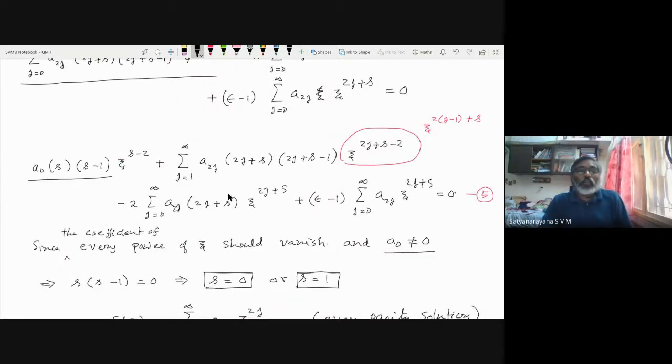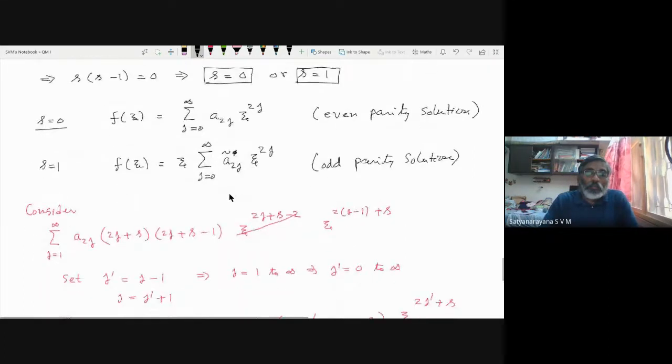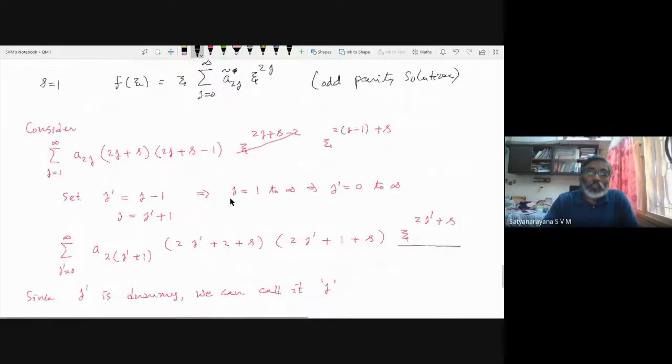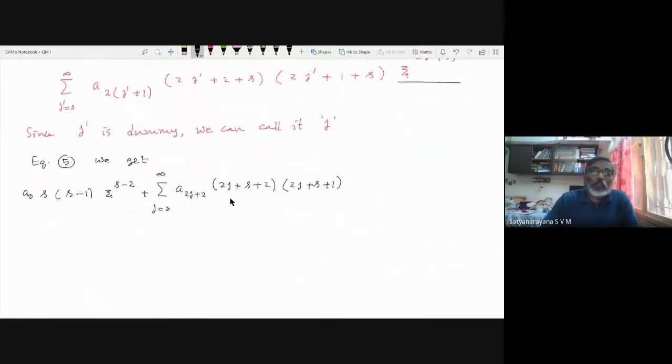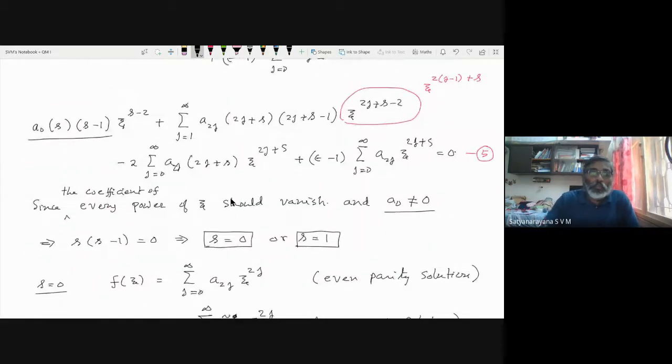Then I have minus 2 times 2j plus s into a 2j. Okay, so that is from this particular term.